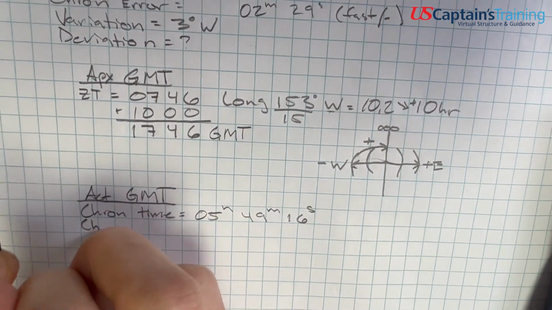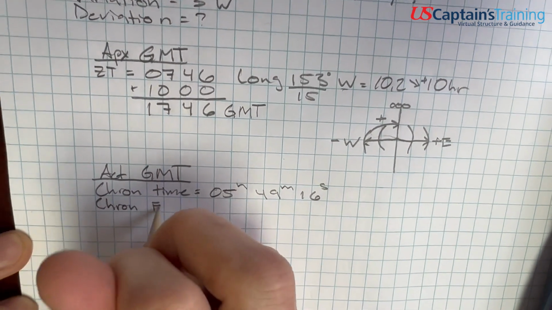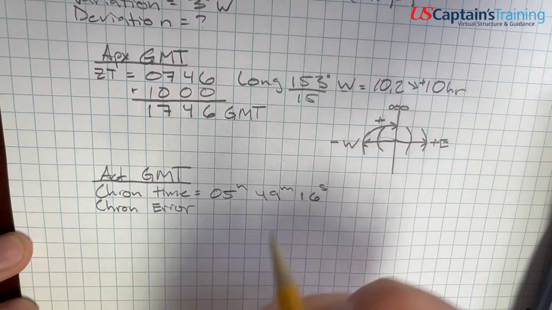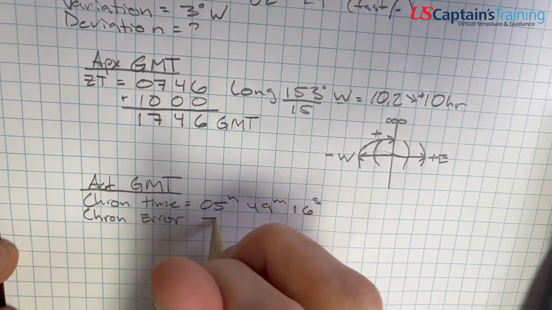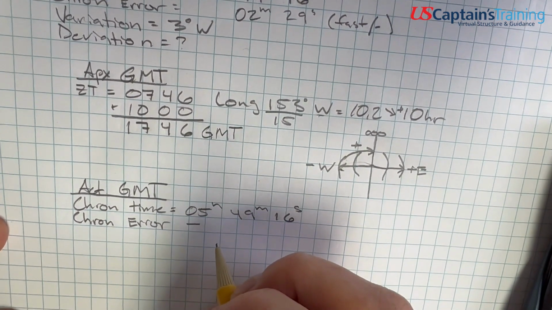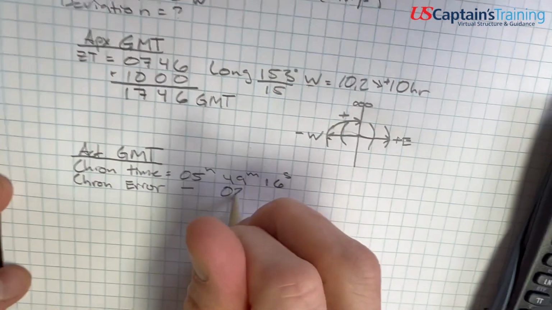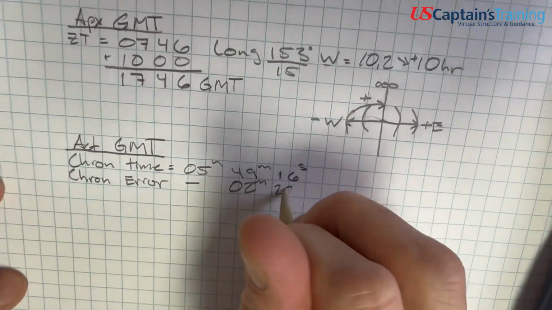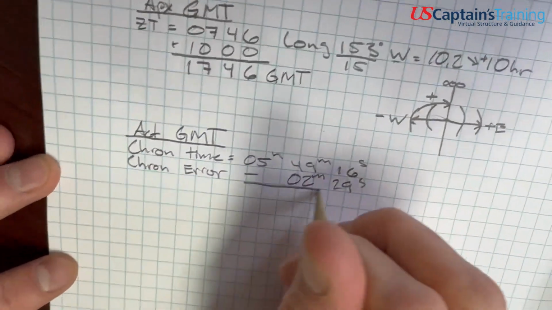And then we put our chron error in there. The error is fast, so we subtract it. So 2 minutes and 29 seconds we need to subtract.